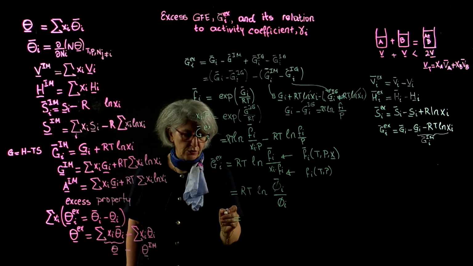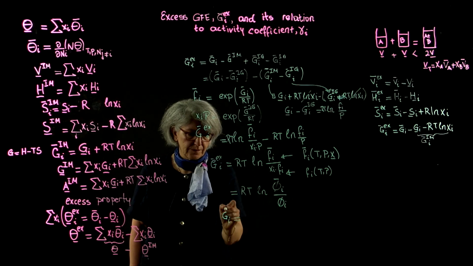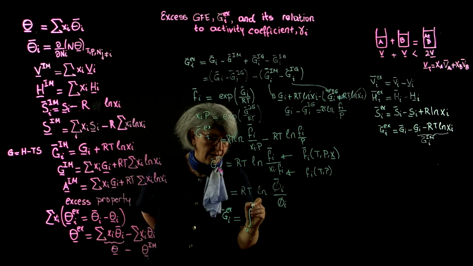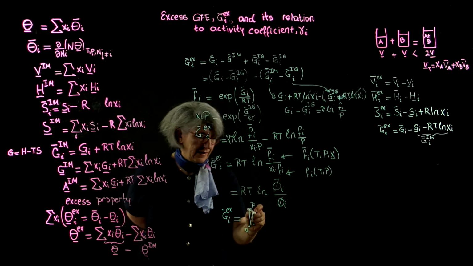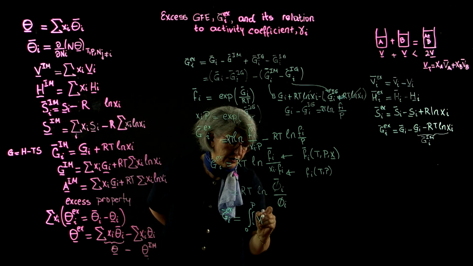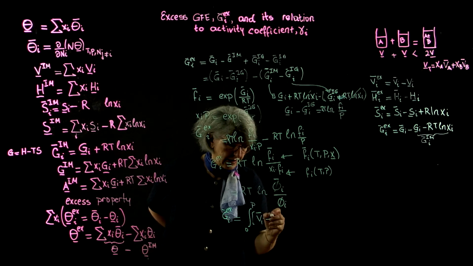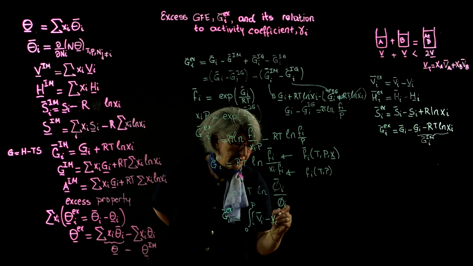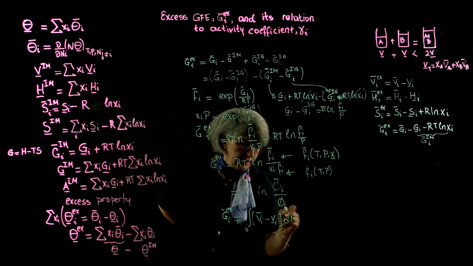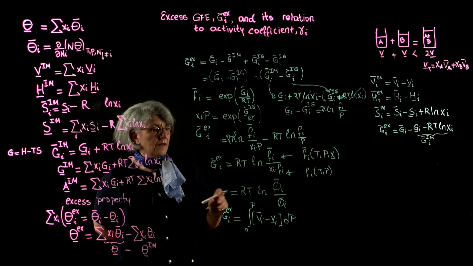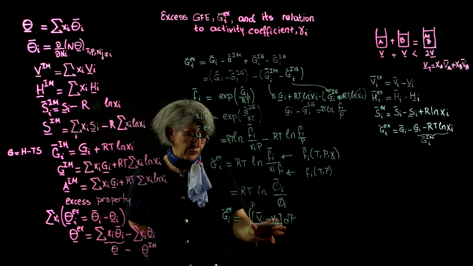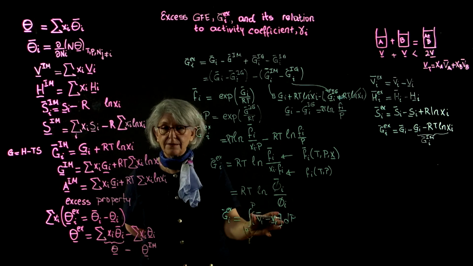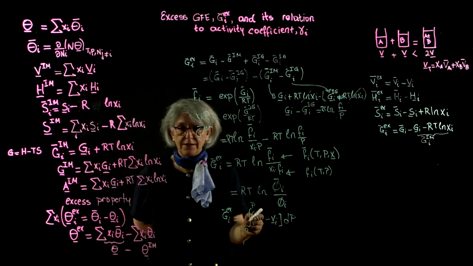And of course, this is going to be back to our definition of fugacity and Gibbs free energy, V dP. So this, of course, at constant temperature, is going to be estimated from an equation of state.